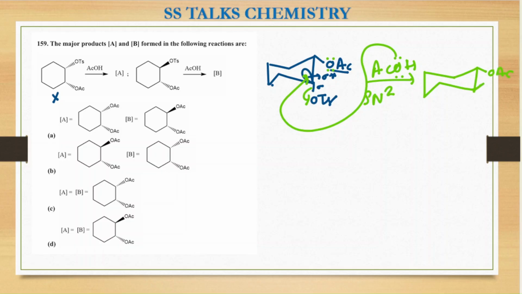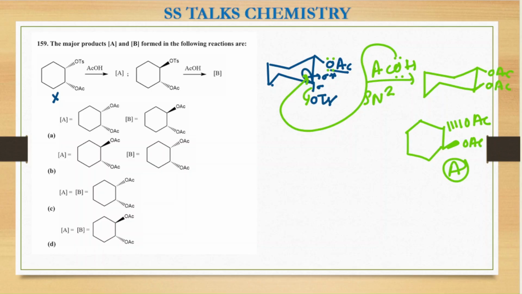Now from the above direction this OAC group of the acetic acid has attacked over here. You can draw it into the cyclohexane conformation. Here one of the OAC is in the downward direction and the other one is in the upward direction. So this is the product that we are going to get from molecule X. So this is the answer A that we are getting.